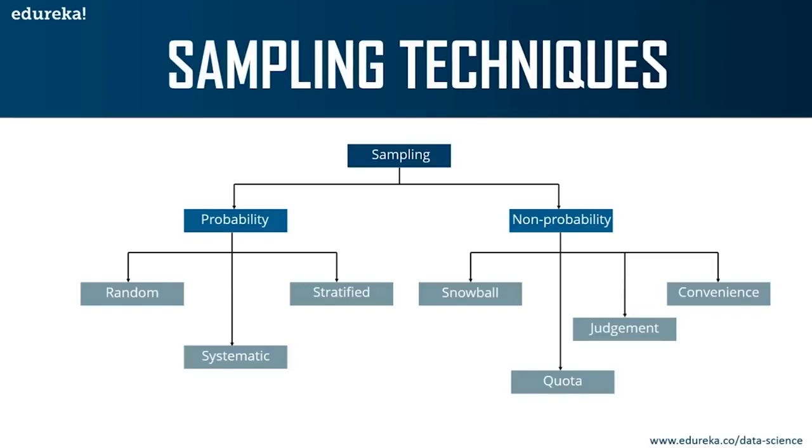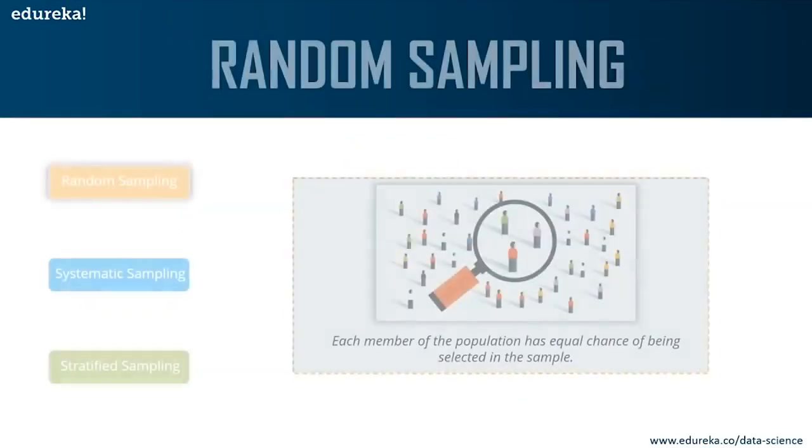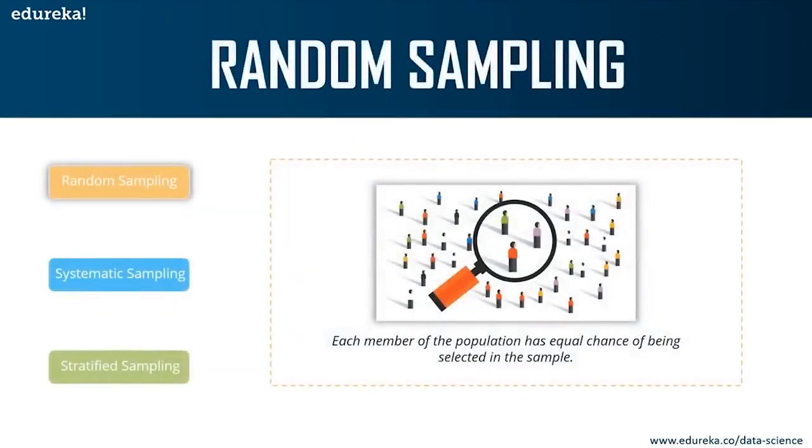Under probability sampling, we have three different types: random sampling, systematic, and stratified sampling. And just to mention the different types of non-probability sampling, we have snowball, quota, judgment, and convenience sampling. In this session, I'll only be focusing on probability. So let's move on and look at the different types of probability sampling.